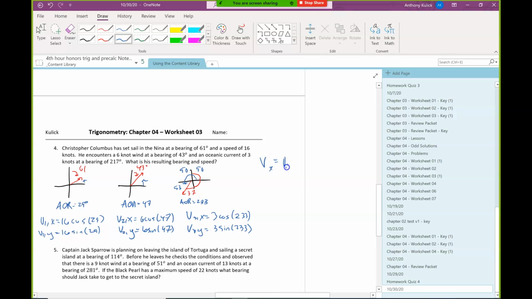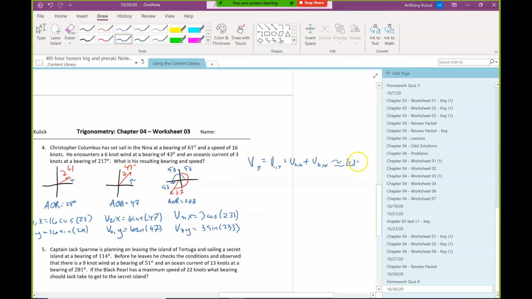So to find our vx, we're going to do v1x plus v2x plus v3x. That gives us about 20.85.